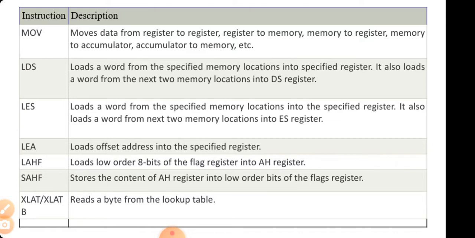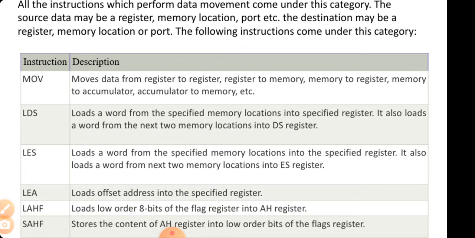One is the base address and another is the offset address. The last part is the offset address. That offset address is loaded into the specified register. That is the working of the LEA instruction, and the LEA instruction also comes under the category of data transfer instruction.